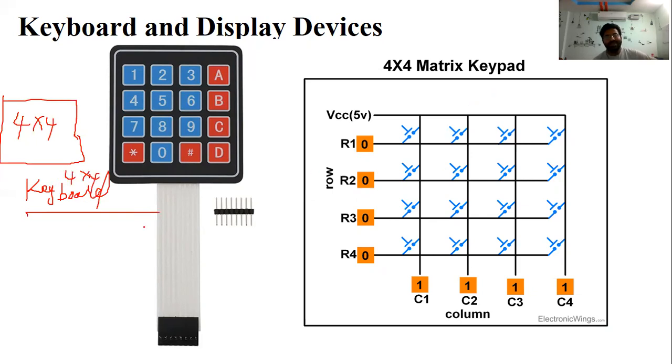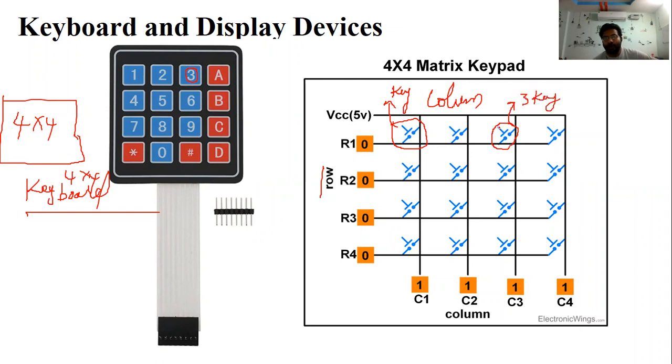Basically, this keyboard matrix is divided into rows and columns. See these rows and columns. This is a column, this is a row. Whenever you press a key, for suppose this is the 3 key.